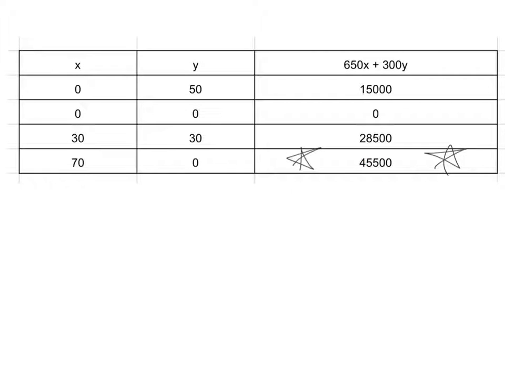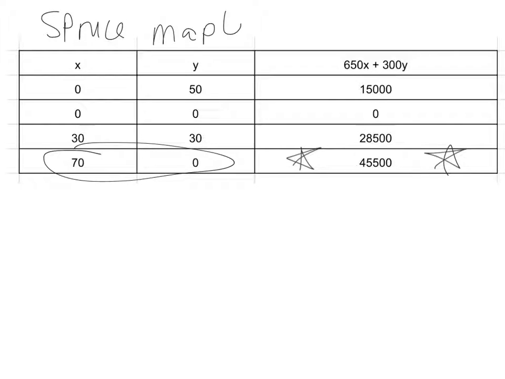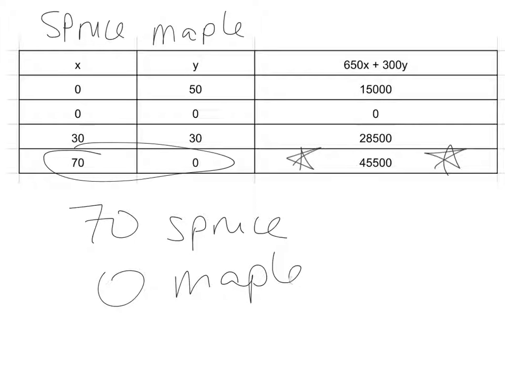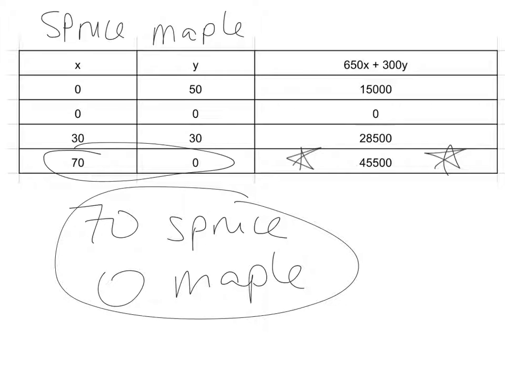This is what I'm looking for right here. If you remember, x referred to spruce trees and y referred to maple trees. So my final answer is that I should plant 70 spruce trees and 0 maple trees. That is how I'm going to give my answer.